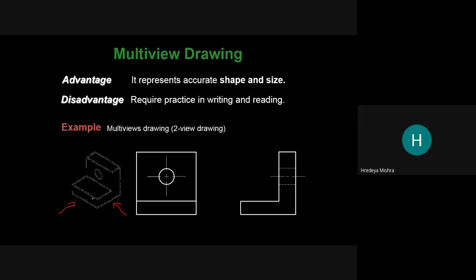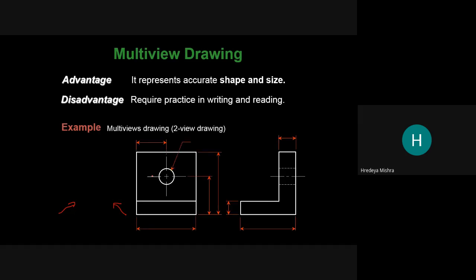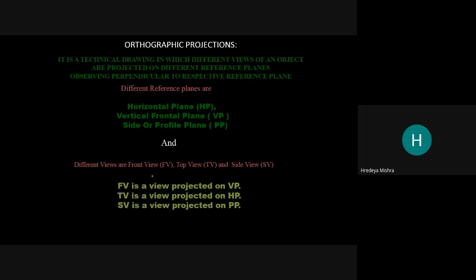The thickness of this and the length of this. Now if we go from this side, this length is visible here, and the maximum dimension is calculated here.